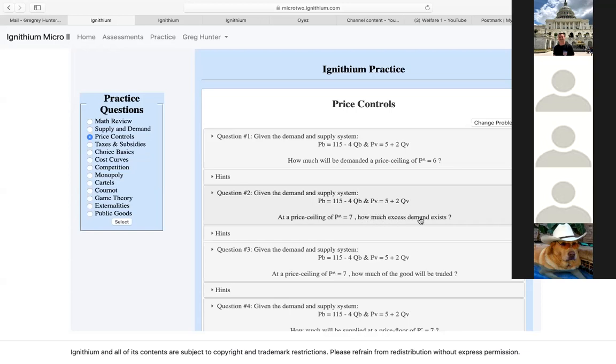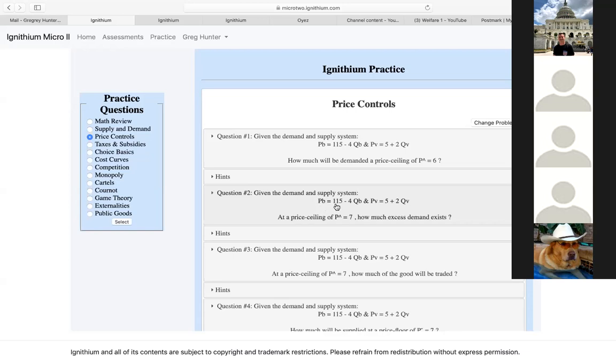Excess demand is how much more the quantity demanded is than the quantity supplied. So actually, you'd have to take the 7 and plug it into the supply side and solve for Q to find out what suppliers are willing to supply at a price of 7, and then compare it to how much buyers want to buy.